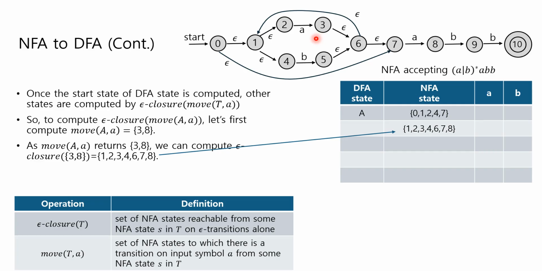So let's check whether state 2 is in the NFA states of A. Because state 2 is included in the NFA states of A, state 3, which is reachable on input symbol a from state 2, we add it to the move of (A, a).